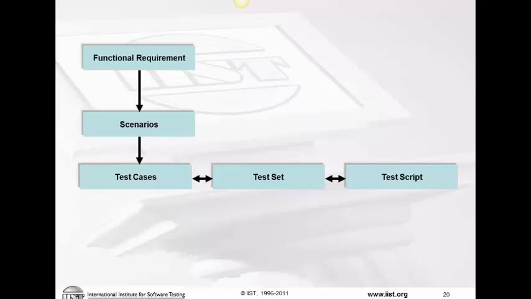But what is important for me is to look at those scenarios that people come up with and see how many of those scenarios are explicitly stated in the requirement and how many are not. And that really is a good measure of my effectiveness in test design.